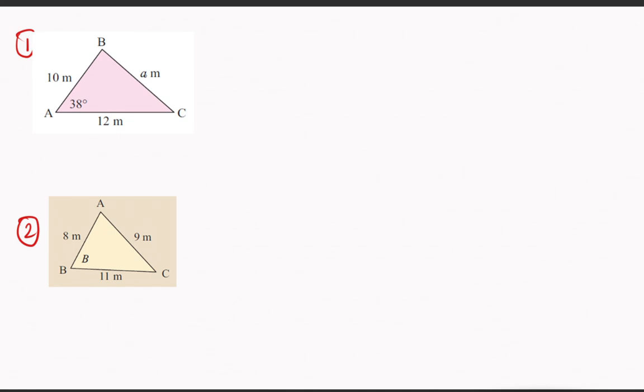We're trying to find a length A, so we're going to use the first formula. Okay, so we just put in the information. We're looking for the A, so that's A squared. B and C don't matter. Notice we've got the classic cosine: we have two sides and the angle in between, and we're trying to find the opposite length.